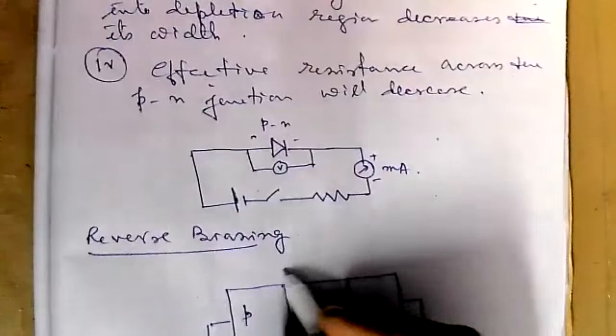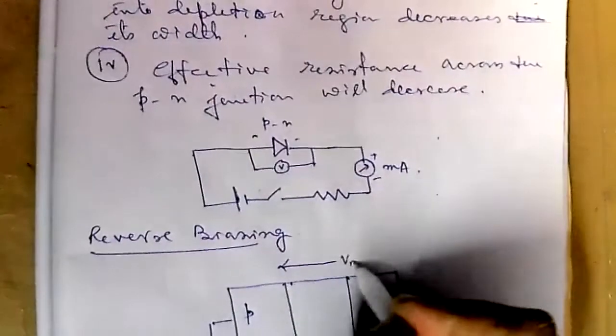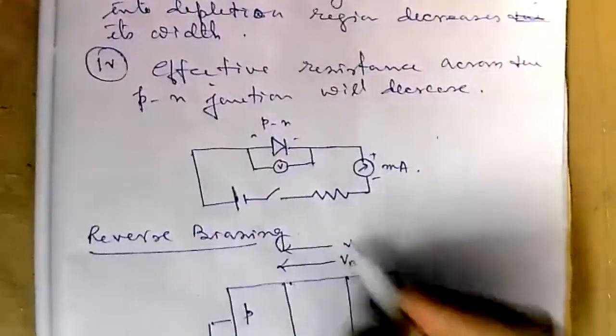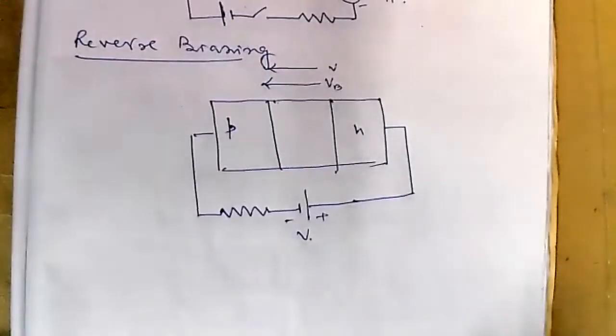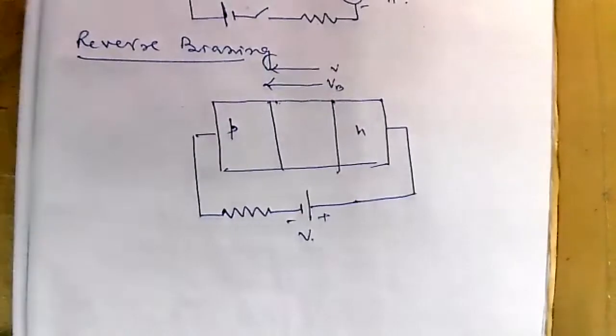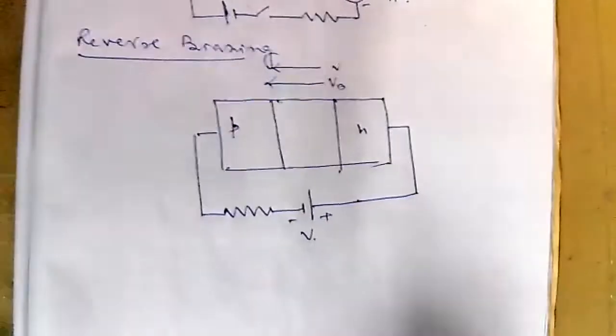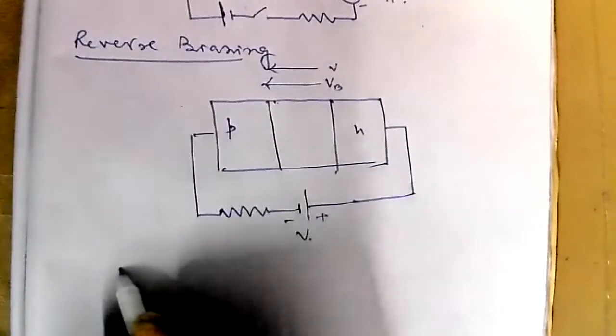So now see, both the barrier potential VB and the applied potential V are in the same direction. So what will happen? The barrier height will increase.